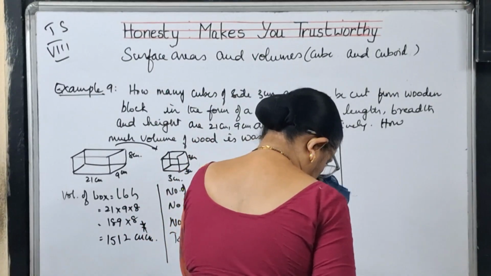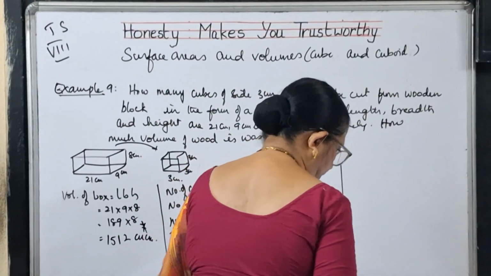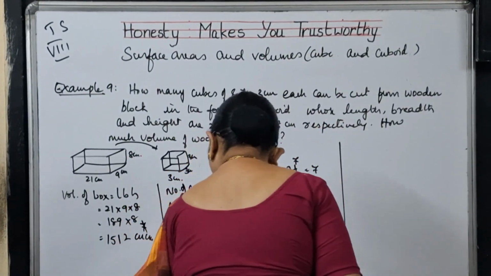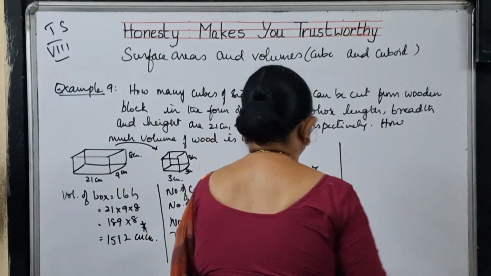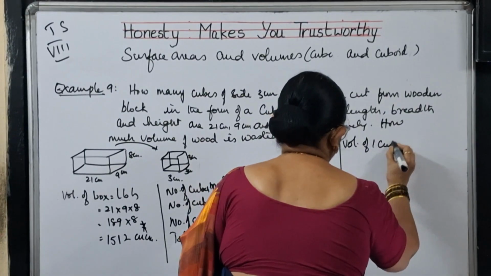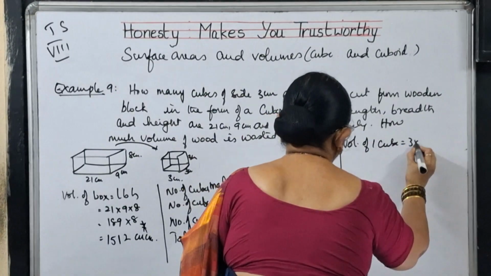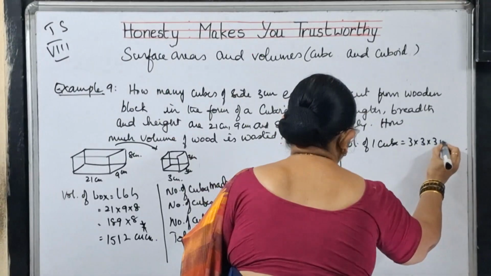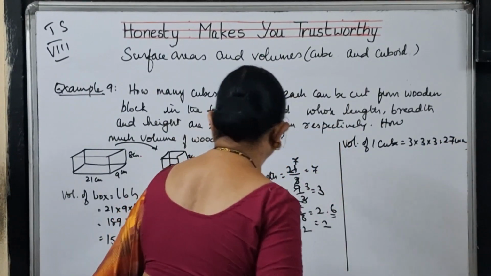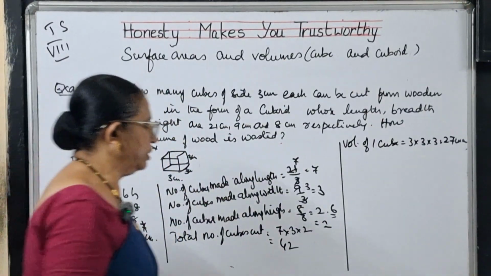Now what is the volume of 42 cubes? What is volume of 1 cube? Volume of 1 cube is 3 into 3 into 3, 27 cubic centimeters. So how many cubes are removed? 42.